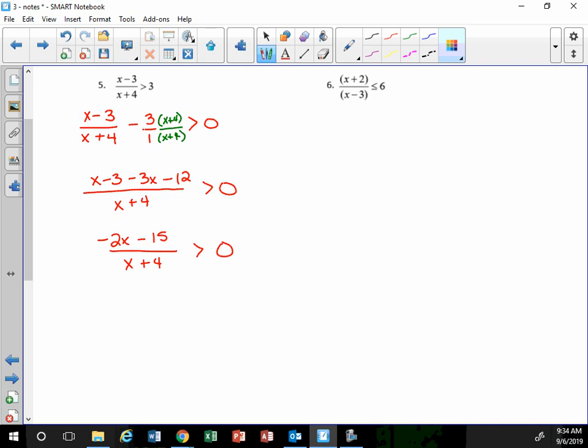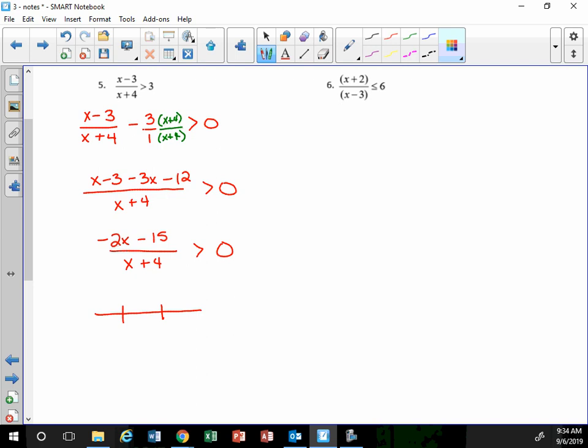All right. Now it's the same idea with the number line. Any guesses as to what the two numbers on my number line are going to be? Negative 15 halves, right? You can tell me negative 7.5 if that makes your brain happier.